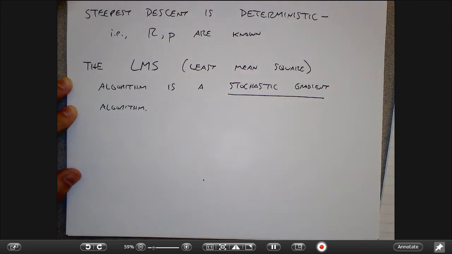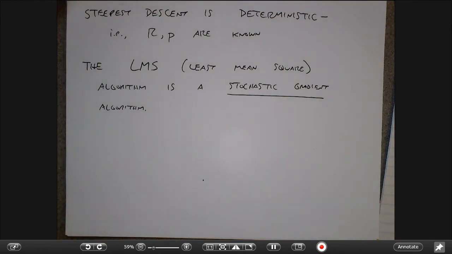What that means is that not everything is known, but parameters, key quantities are estimated from the data that I have, which is going to be noisy, right?